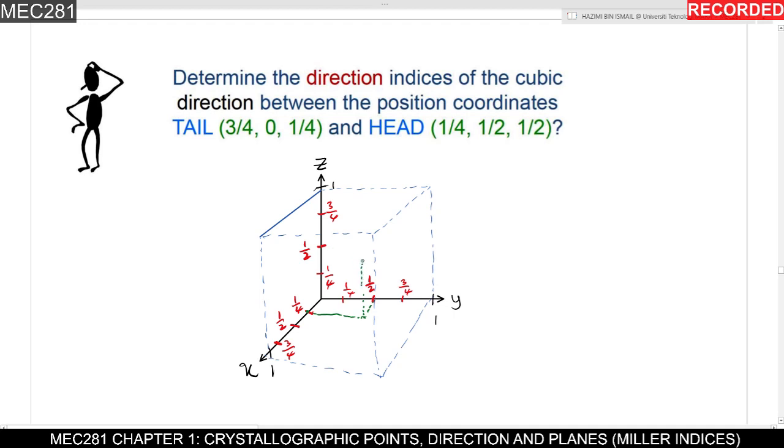So approximately the point is around here, so where it is located on 1 quarter of x-axis, half of the y-axis, and half of the z-axis. So this is the point of head.